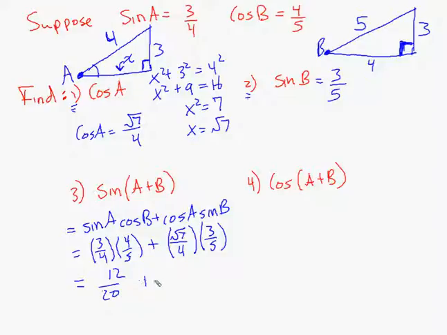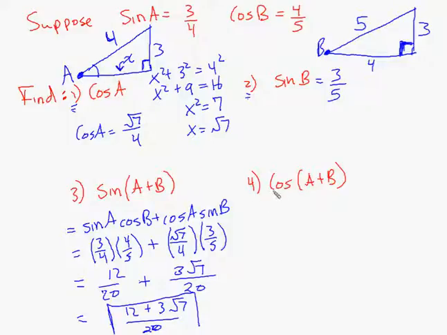Plus, if I multiply this fraction, I get 3 root 7 over 20. These have the same denominator, so I can combine them into one fraction, which is what I was doing. Your denominators aren't always the same, but in this case they were, so it was easy to go ahead and do that.